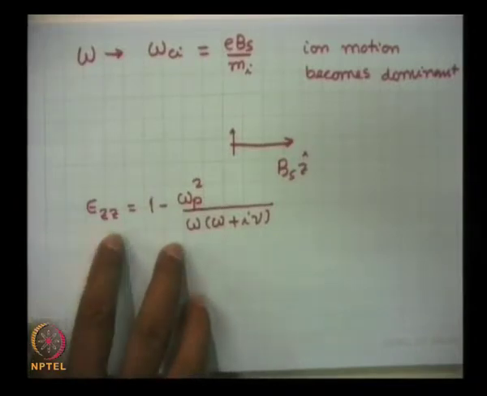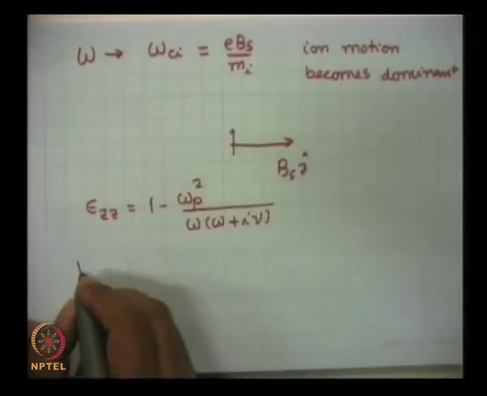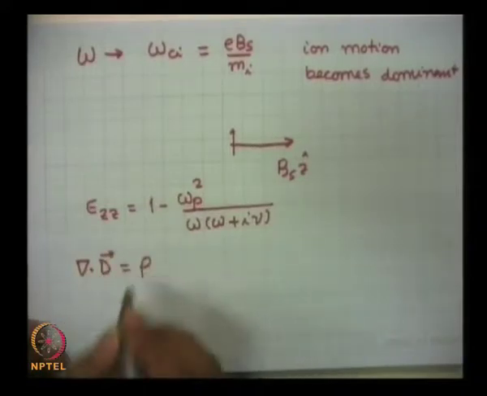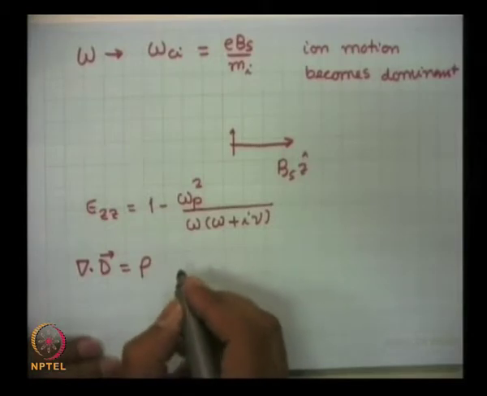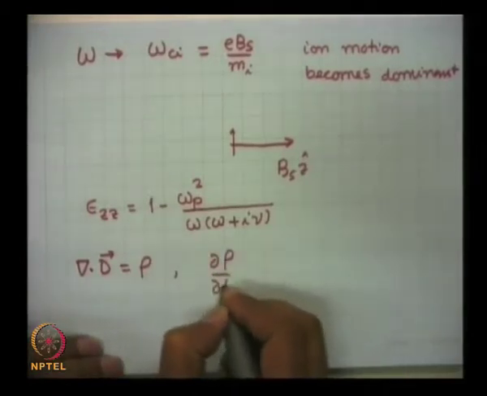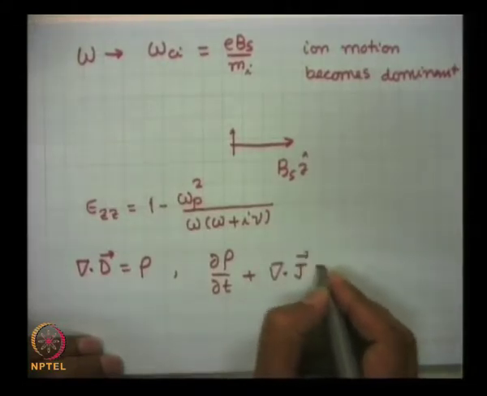So, once we have constructed the plasma effective permittivity tensor, if you go over to revisit the Maxwell's equations, you will recognize that even the first Maxwell equation, which is divergence of D is equal to rho, if you view it in conjunction with the equation of continuity, delta rho by delta t plus divergence of J equal to 0.